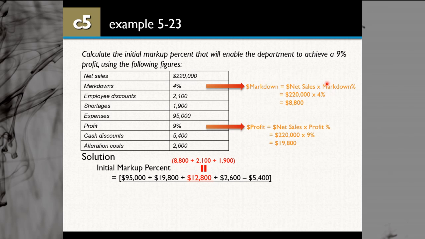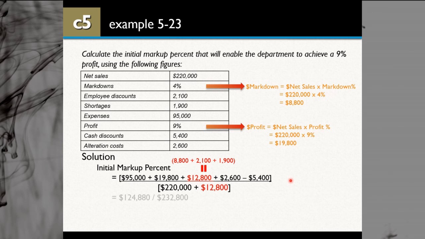So you also need to know how to calculate this total reduction. So you get 12,800, and then what's next? Alteration cost 2,600, minus your cash discount 5,400, divided by your net sales, which is 220,000 plus your reduction. So don't forget that the reduction will go to the top and the bottom.